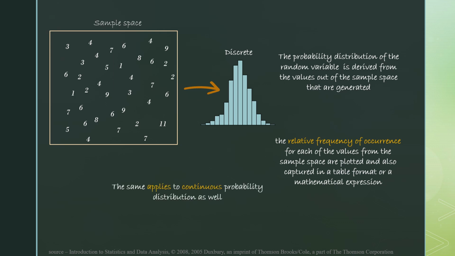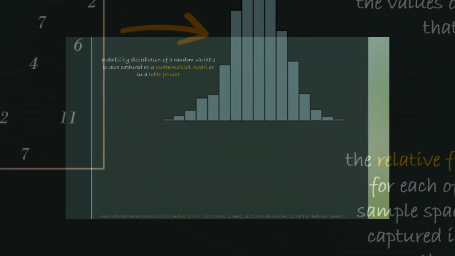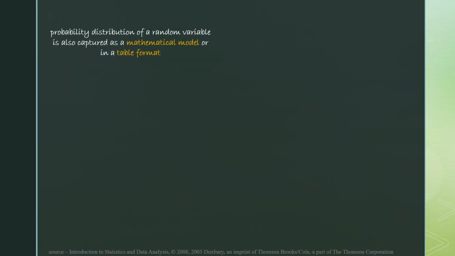The same applies to continuous probability distribution as well, though what is depicted above is the discrete probability distribution. As discussed, probability distribution of a random variable is also captured as a mathematical model or in a table format. And it is this model or table that is used to derive the answers to these questions that we discussed a while ago.